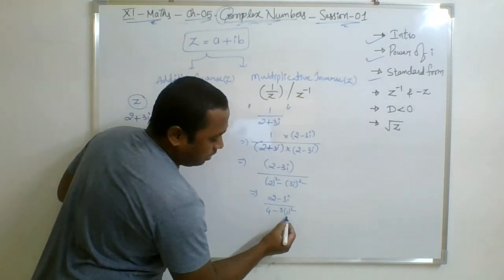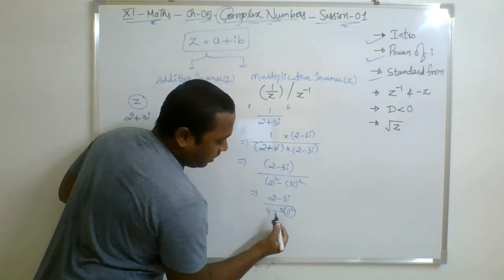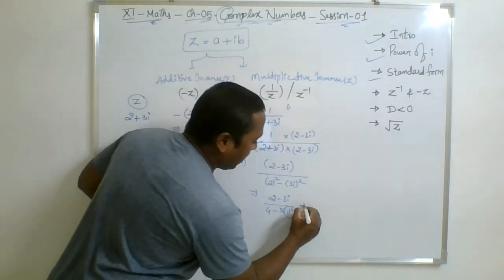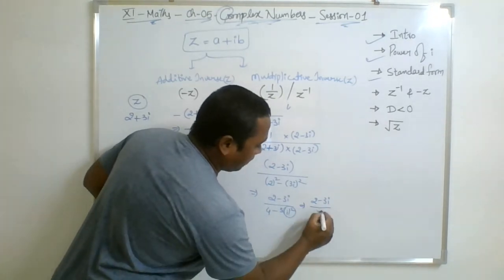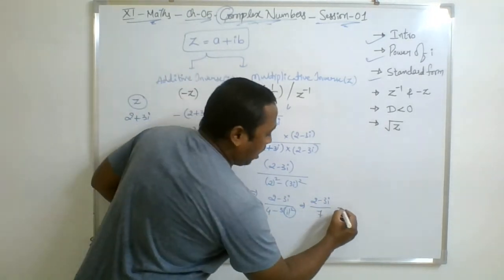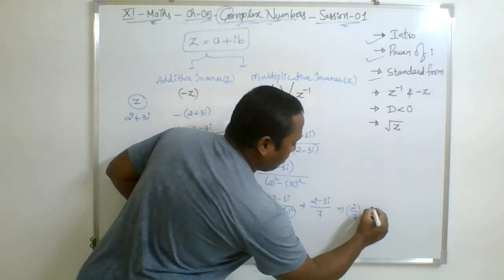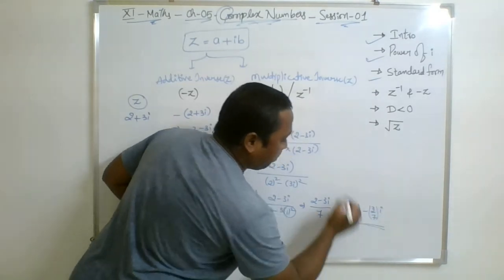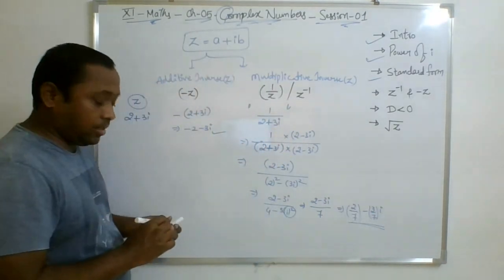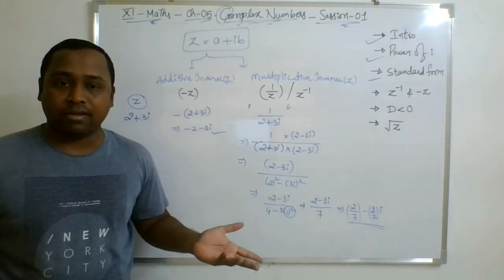And i square value is minus 1, hence it is minus 1 into 3, so finally 2 minus 3i by 4 plus 3, which becomes 7. Now you can write it in standard form: 2 by 7 minus 3 by 7 into i. A plus ib form. Always express the answer in the form of a plus ib.